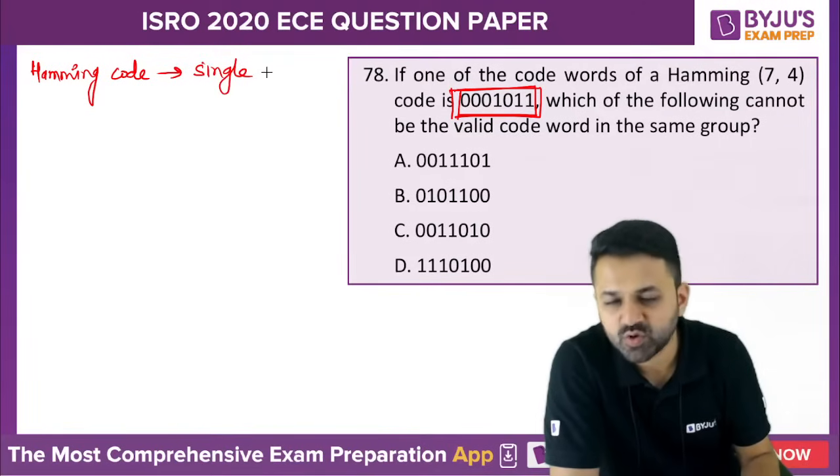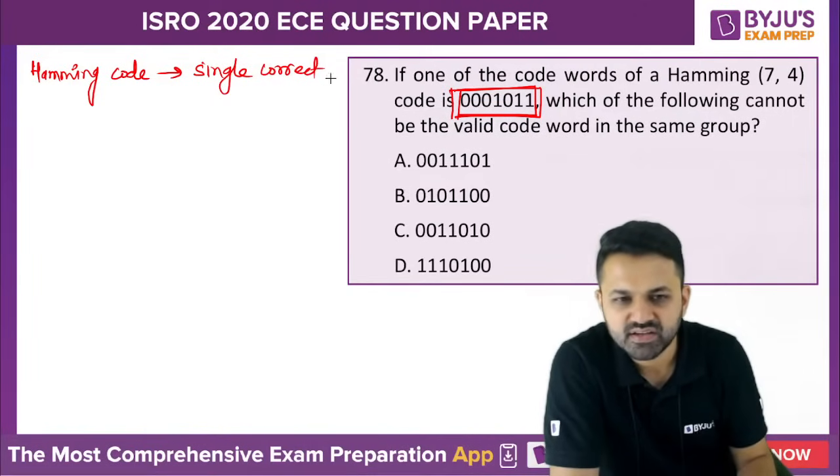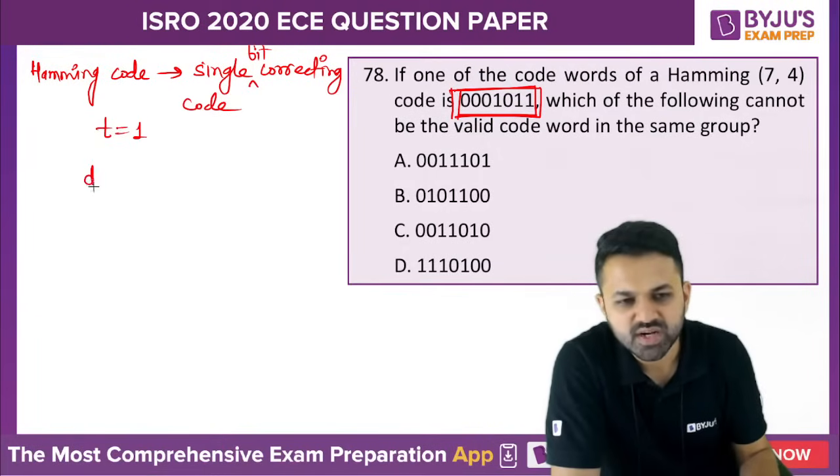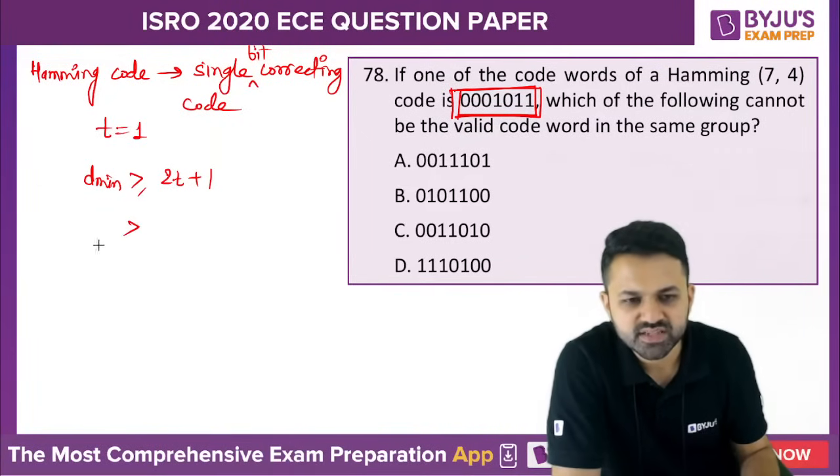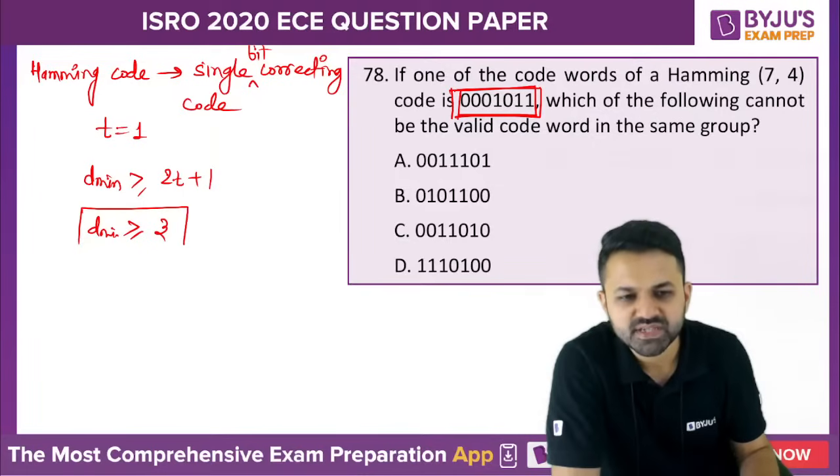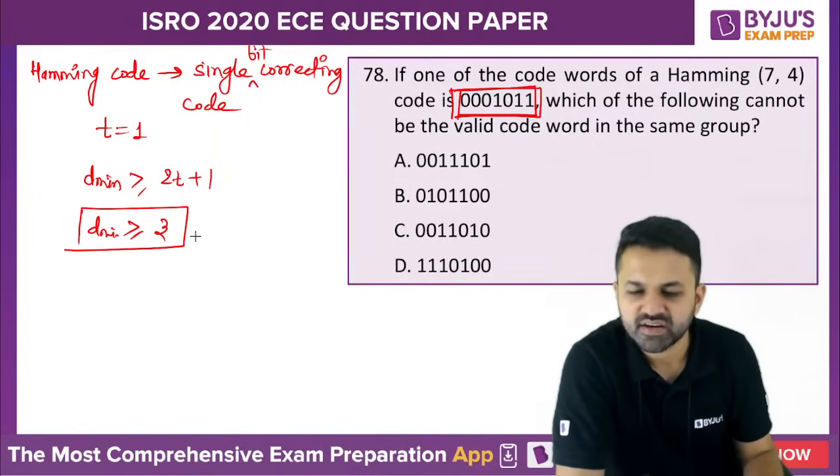It can detect two errors, but it can correct only a single bit, so t is equal to 1. The minimum distance is 2t plus 1, so d minimum is greater than or equal to 3. So the minimum distance should be 3 or greater than 3.